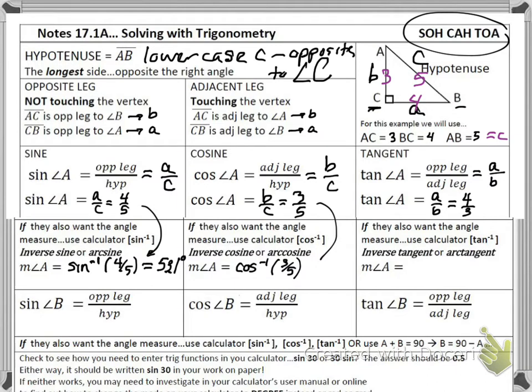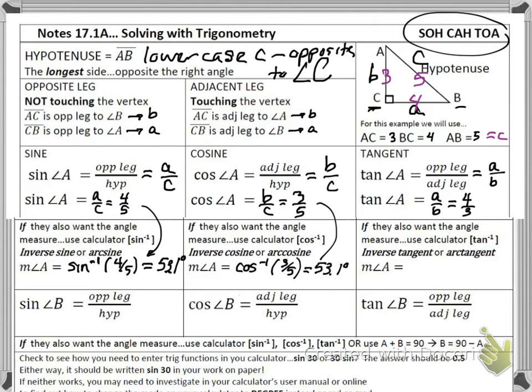Turns out I get exactly the same answer. Because of course, I'm still finding the same angle in the same triangle. Usually you don't have a choice. Usually you don't know all three sides, so you have to go with whichever ones you have.